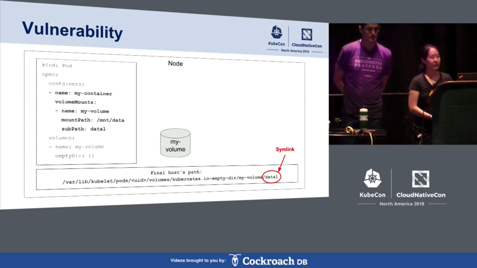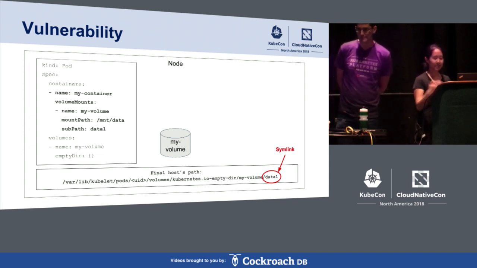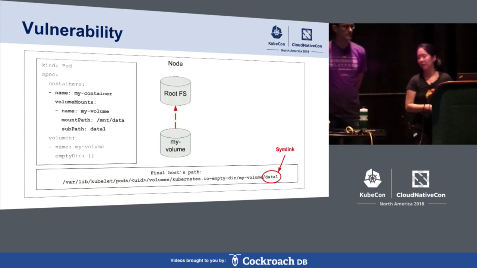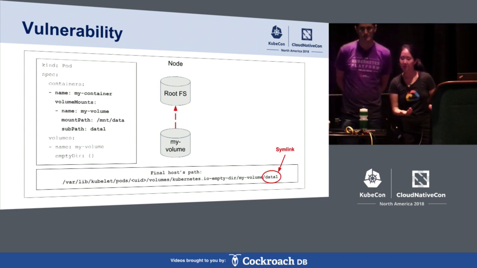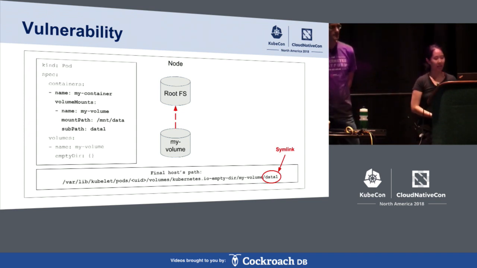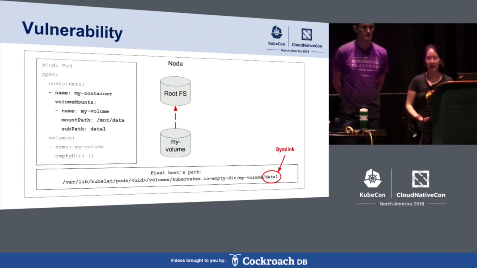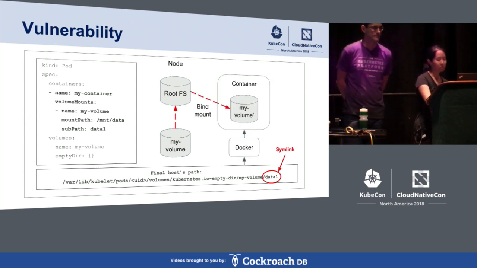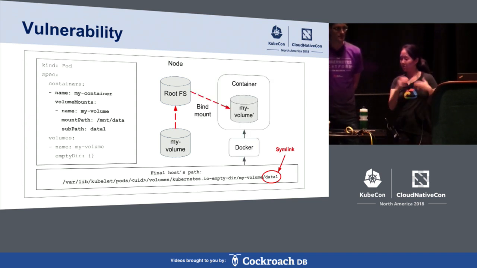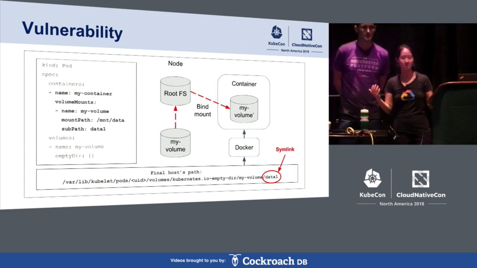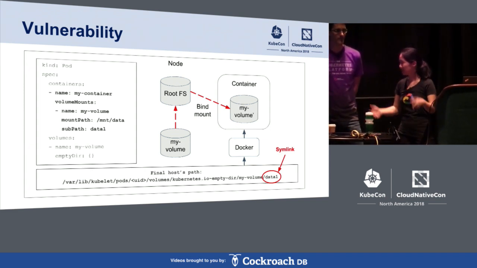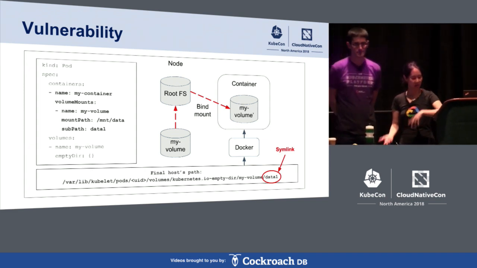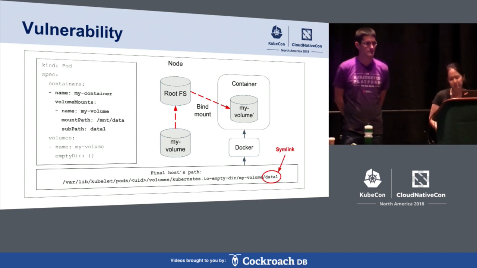So if we pretend this symlink points to something on the root file system of the host, then when we end up giving this path to Docker, Docker will go and bind mount whatever that symlink points to into the container instead of your actual volume that you specified.